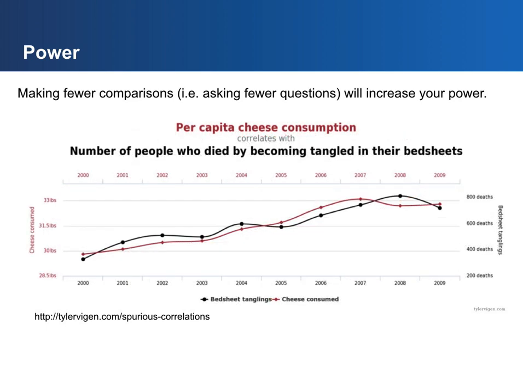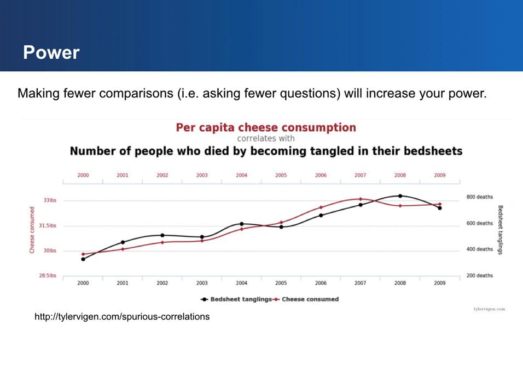Likewise, per capita cheese consumption correlates with the number of people who have died by becoming tangled in their bed sheets. I like this one. This is great. So if you don't want to become tangled in your bed sheets and die from it, eat less cheese, right? No. There's no true causal relationship between cheese consumption and dying from becoming tangled in your bed sheets.